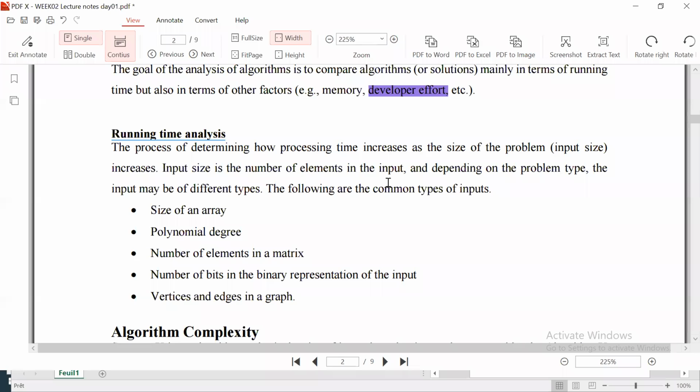Okay, you can begin executing an algorithm and the input size is maybe 5. But as the algorithm continues, you will see that the input size is going to increase or is going to change. Okay, so the running time analysis entails looking at how the processing time increases in terms of the size of the input.